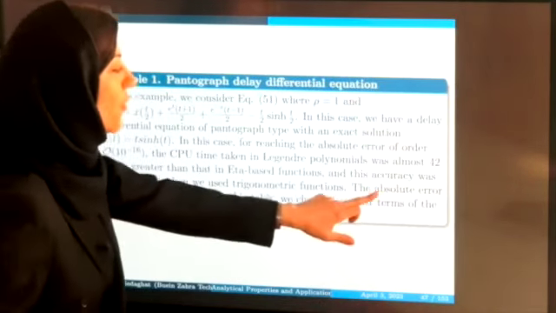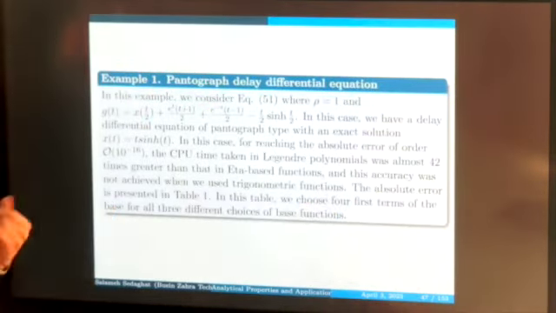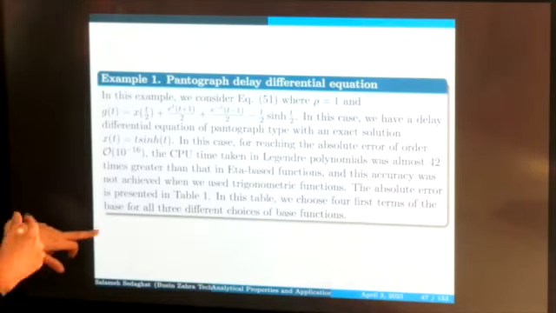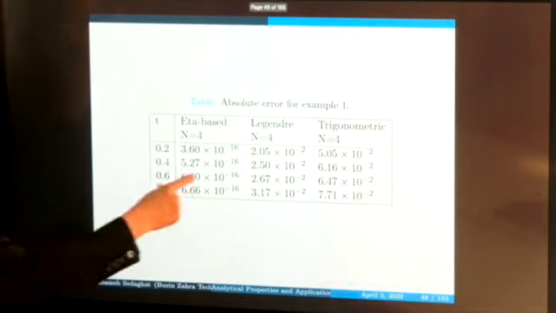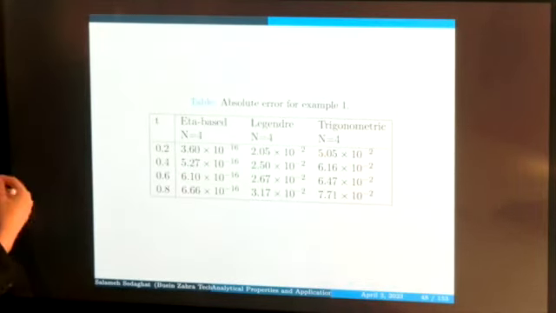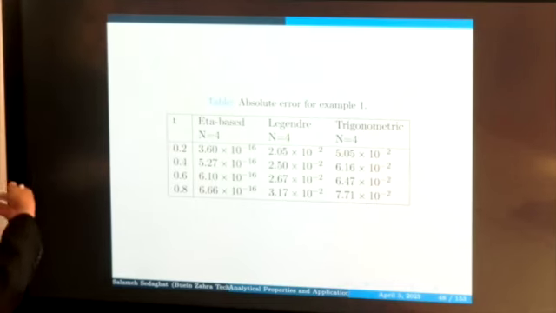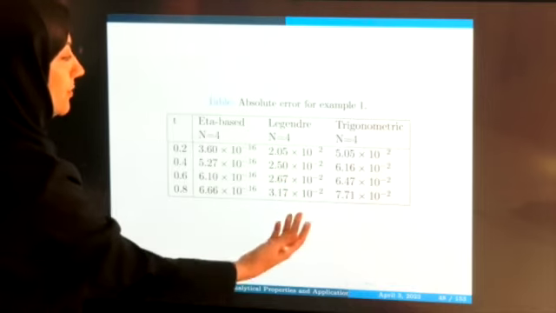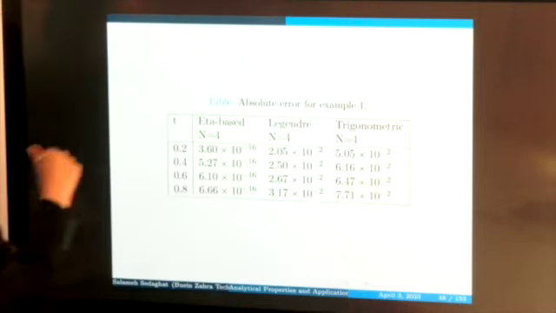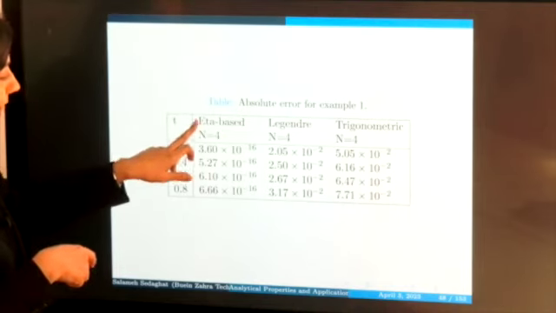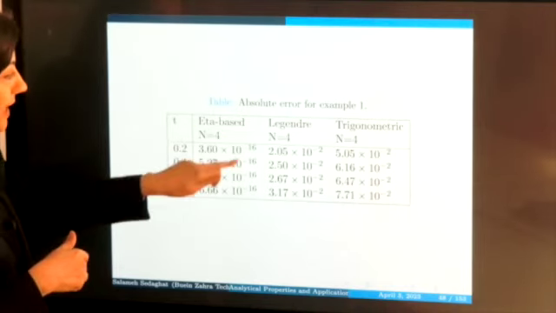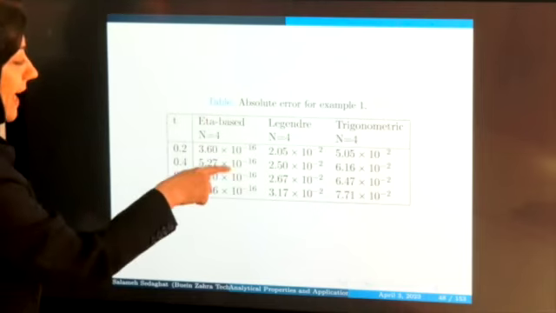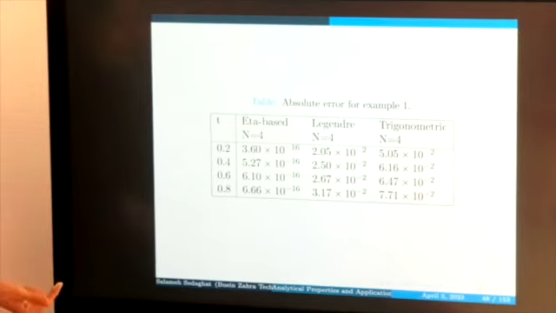We choose 4 terms of the base function for eta base function, Legendre polynomial, and sine and cosine function. In this table, we have the absolute error for this example by using eta base function, Legendre polynomial, and trigonometric function. You can see when we use eta base function, the absolute error for this example is about 10 to the minus 16.